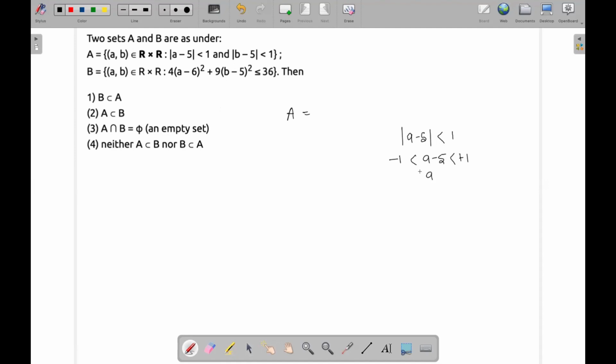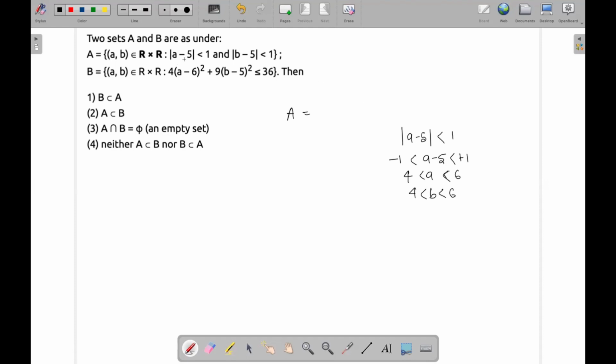And then you could say that A is greater than 4 and less than 6, right? Similarly, B would also be between 4 and 6 because B has the same conditions.